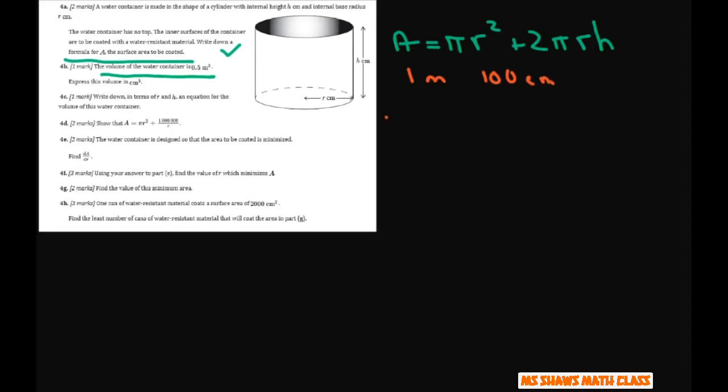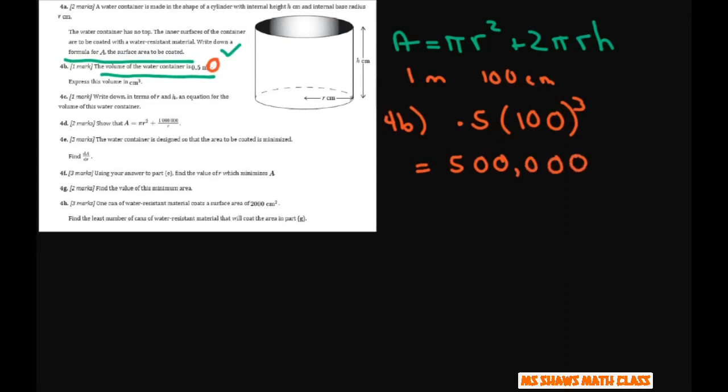So for part B, you're just going to take 0.5 times 100 to convert it, but we have to cube it because this is cubed. So that's going to equal 500,000.